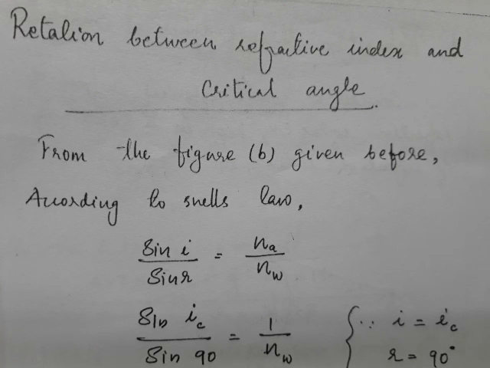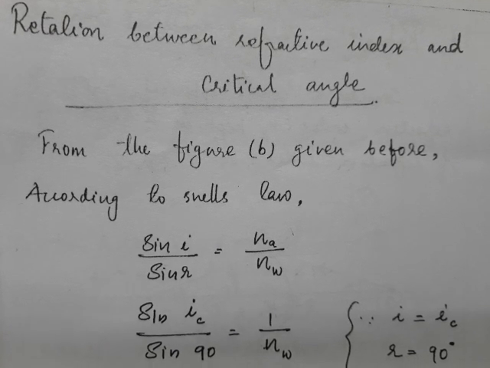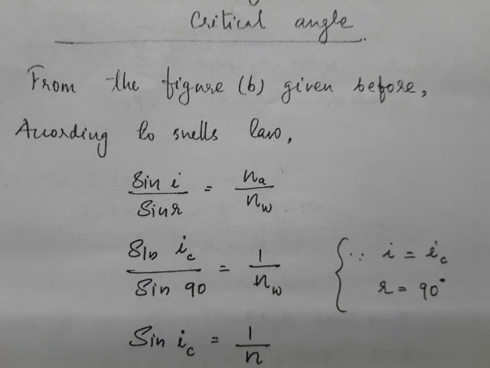We know that the refractive index of air is 1, and for a particular angle, that is IC, the critical angle, when I is equal to IC, the angle of refraction is 90 degrees.